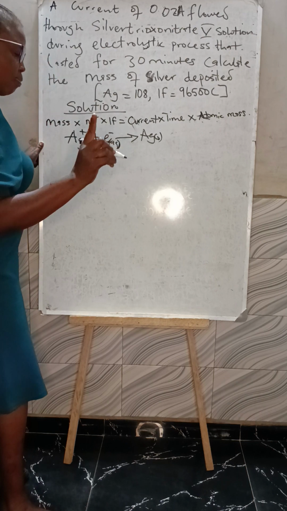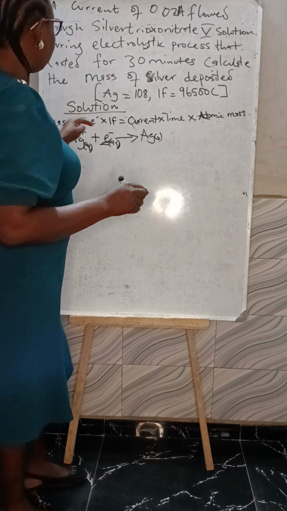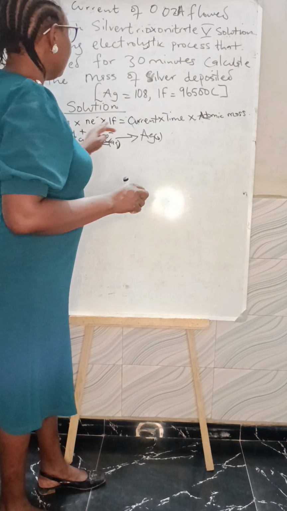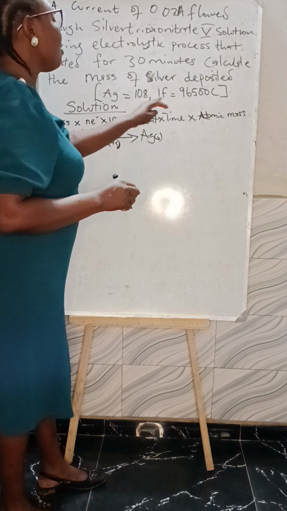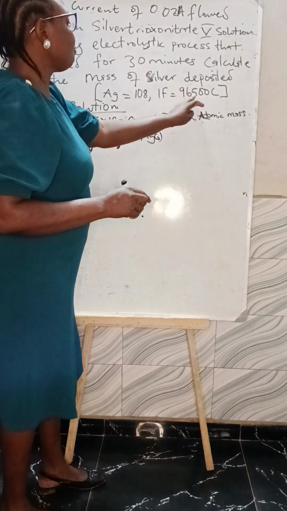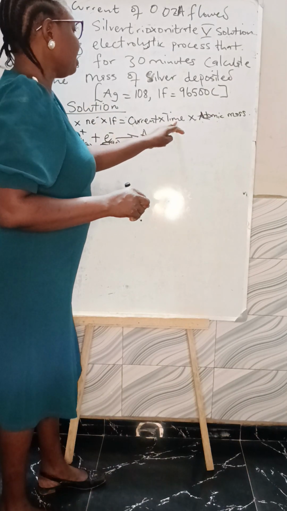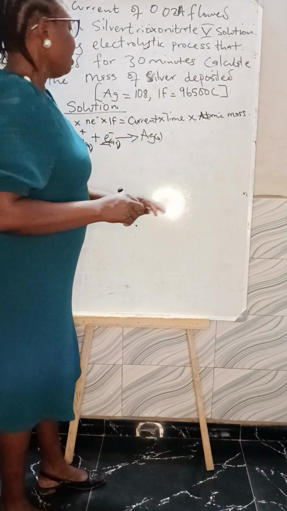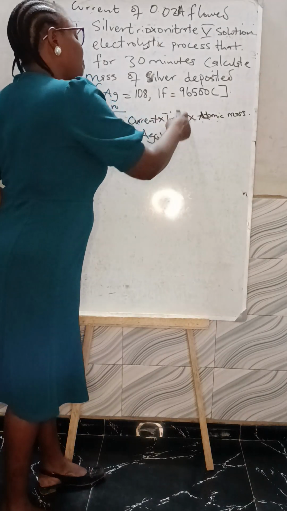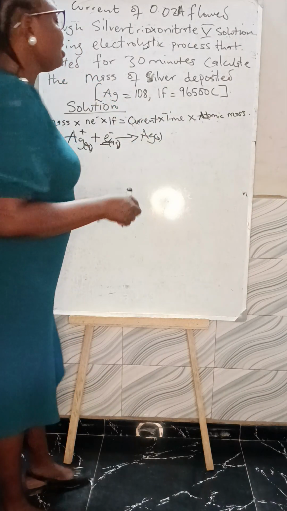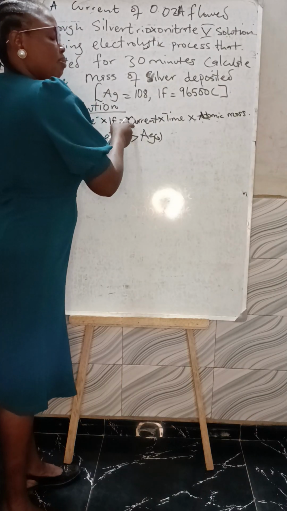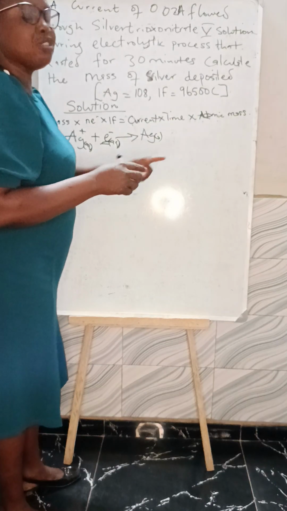Make the mass the subject of the formula. I come again. The formula is mass times number of electrons times 1 Faraday, and 1 Faraday is 96500 coulomb, equals the current times time times atomic mass. At times, the quantity of charge will be given to you in coulombs. Thereby, that means the current and time have been given to you already.